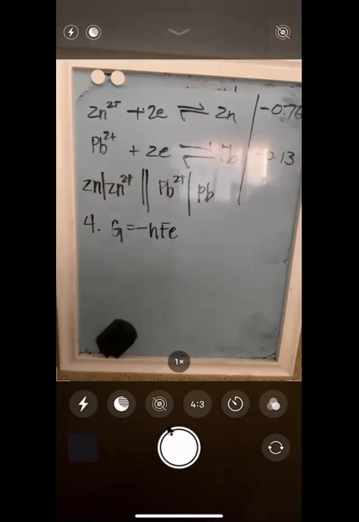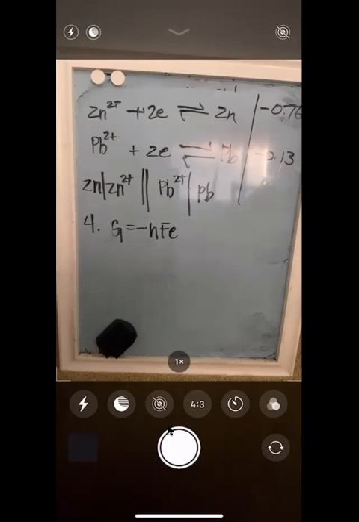And it also gives us the value of F, which is 96.5 kilojoules over volts times mole. Well, what is G in this case? Since we know F, we can just put in F as is, and we'll just fill in the value when we put it into our calculator.